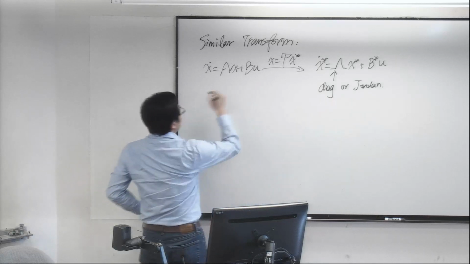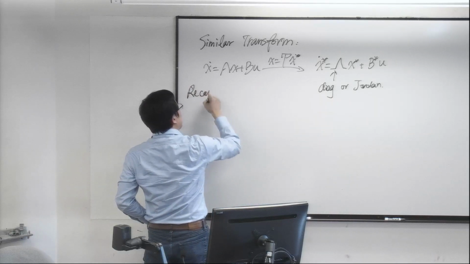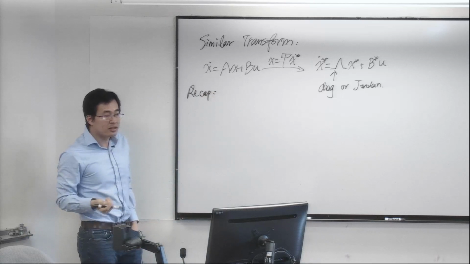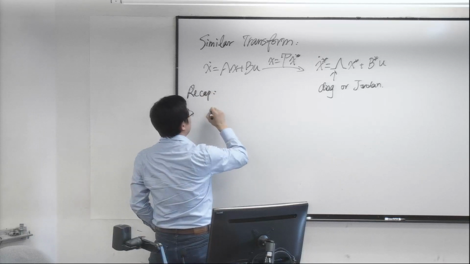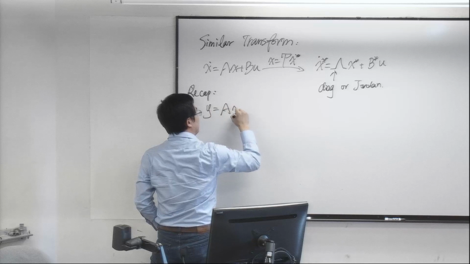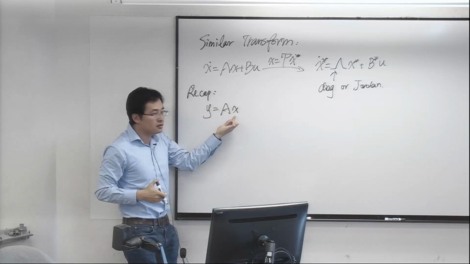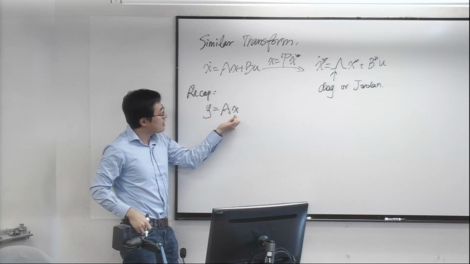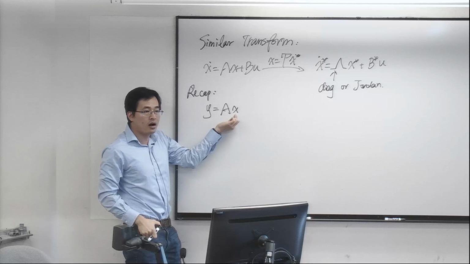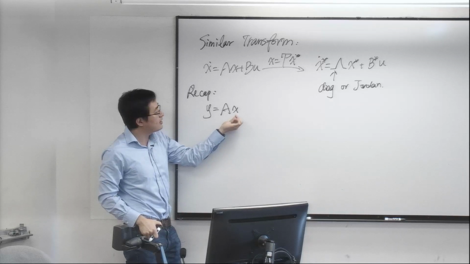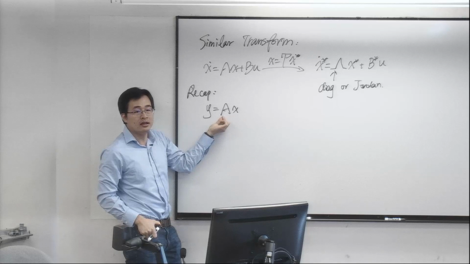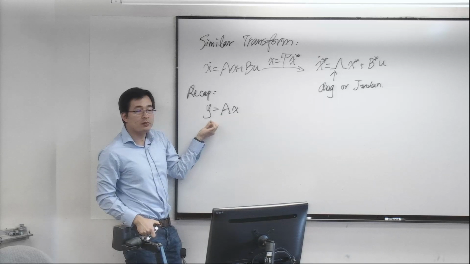So we recap. We talked about what it means if I do y equal to Ax. We talked about the concept that if x is along the direction of one eigenvector of A, then y will stay in that direction. It doesn't change direction, right?